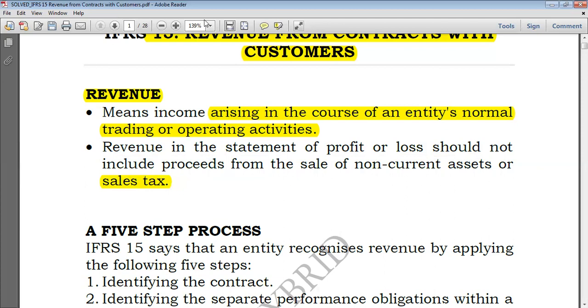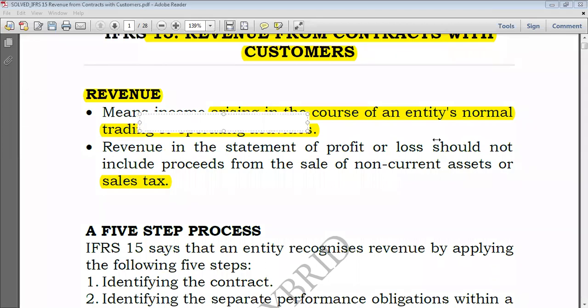Let me give an example here of what I've just spoken of before going to the critical part of the 5-step process. This is what we'll do. Let's say you as a company expects to receive $100 million from a customer. This is what we expect to receive from a customer, just like this.